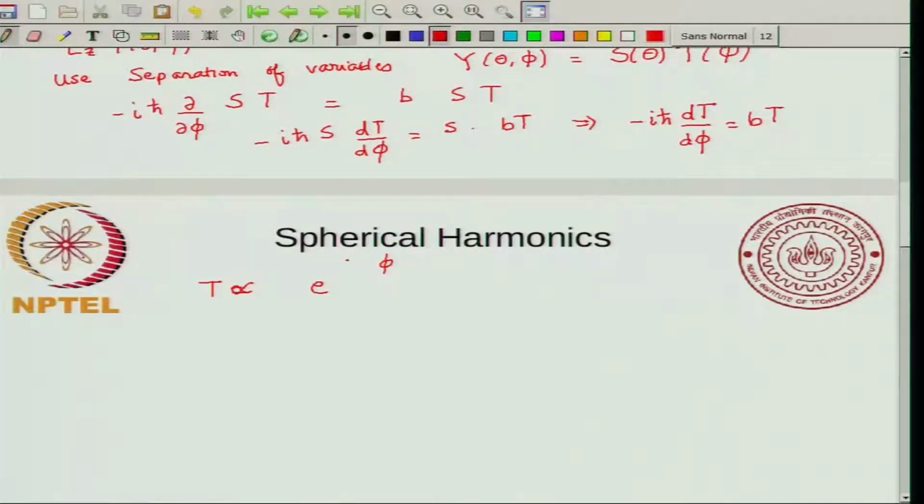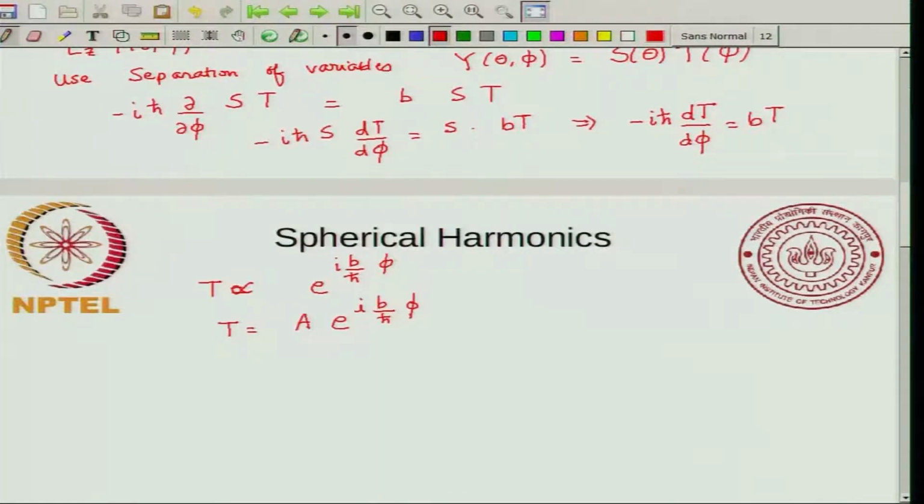If you take the exponential, you have b divided by i h cross, so that is i b divided by h bar. So T is proportional to this. So I can write T as a constant times e to the i b by h bar phi. Let me call that constant A, so T equals A e to the i b by h bar phi.